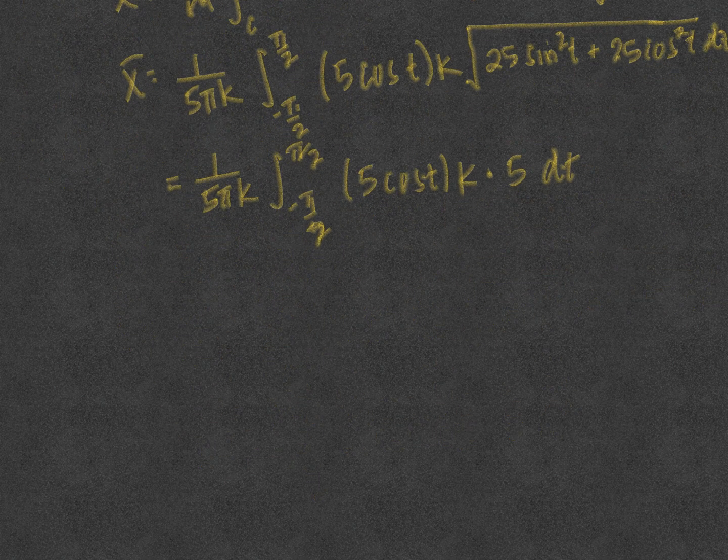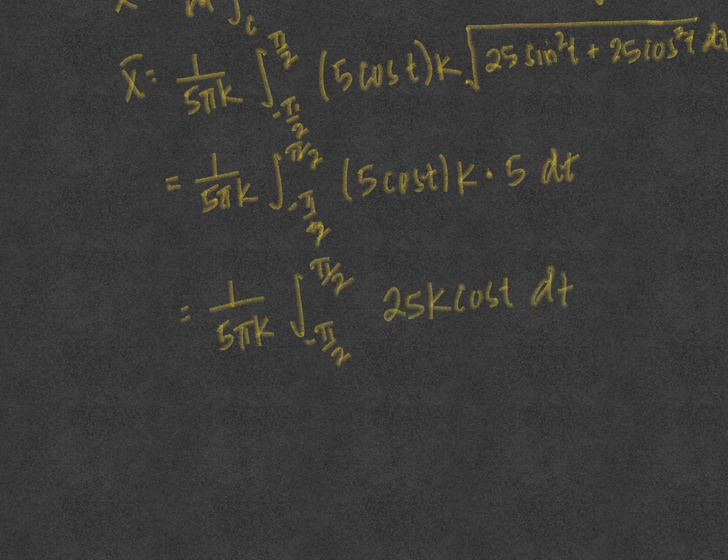So we have 1 over 5 pi k, and the 5's and the k's are both constants, so they're going to cancel. I'm going to leave the k because I already wrote it. So we have negative pi over 2 to positive pi over 2, and 25k cosine t dt. Now the k's cancel and the 25's are going to cancel as well, so we bring the 25 out.